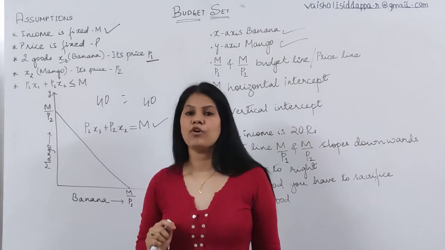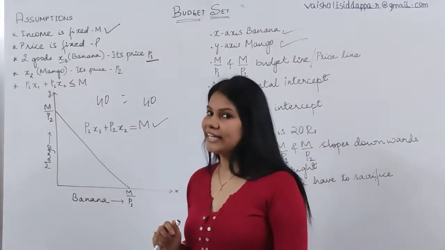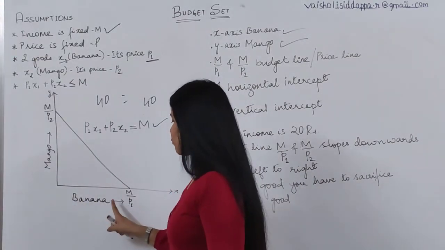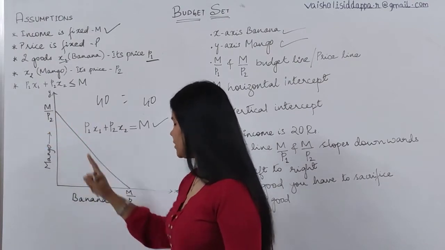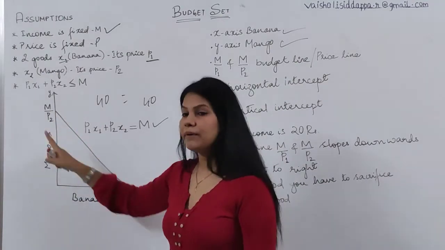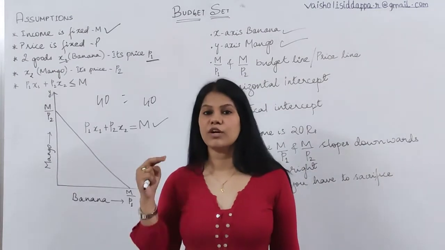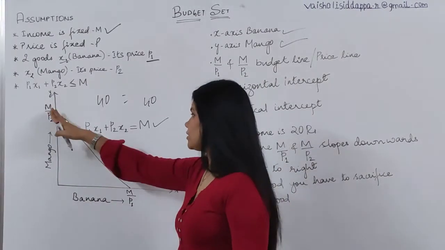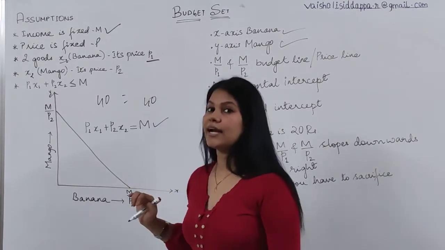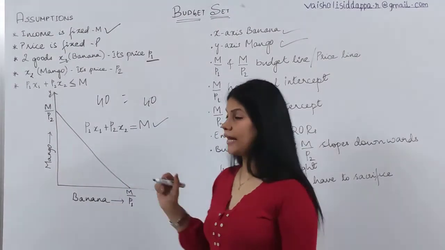Otherwise we have one more name, which is the price line, because we are talking about banana price and mango price also, P1 and P2. Not only income and consumption of two goods, at the same time we are going to talk about price. So it is not only considered a budget set, it is also called the price line.